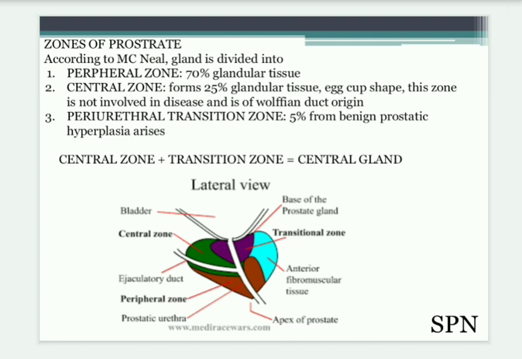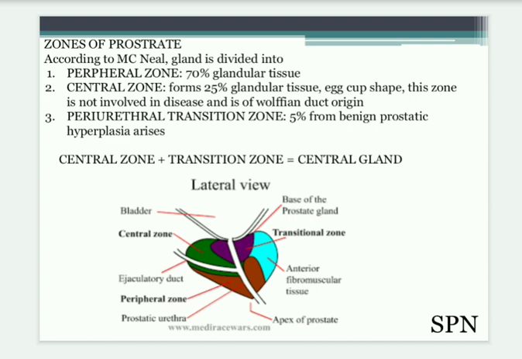Zones of the prostate are most important, and it is according to McNeal. According to McNeal, the gland is divided into the peripheral zone, central zone, and periurethral transition zone. The peripheral zone has 70% glandular tissue, and the central zone comprises 25% of glandular tissue.